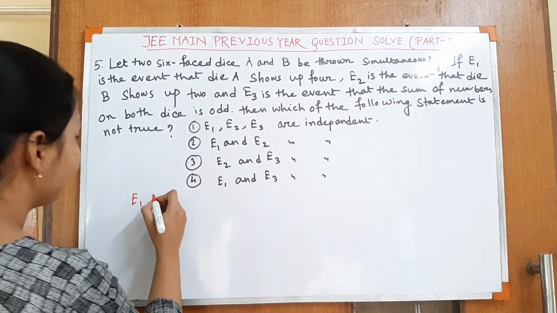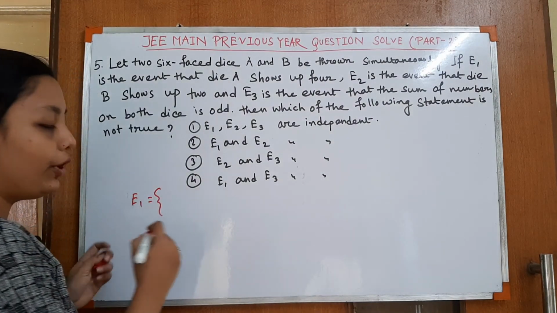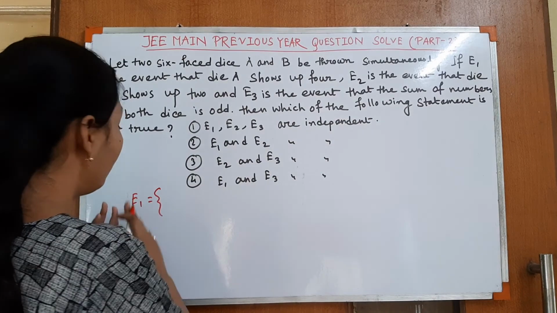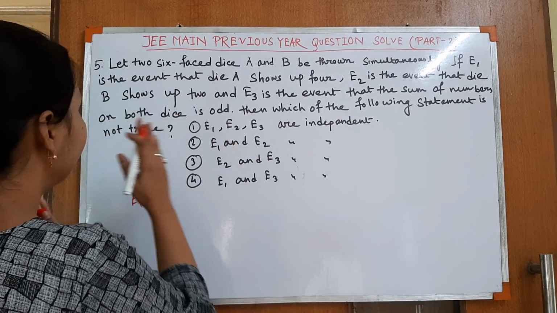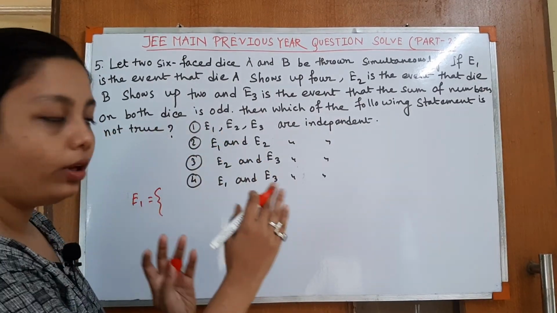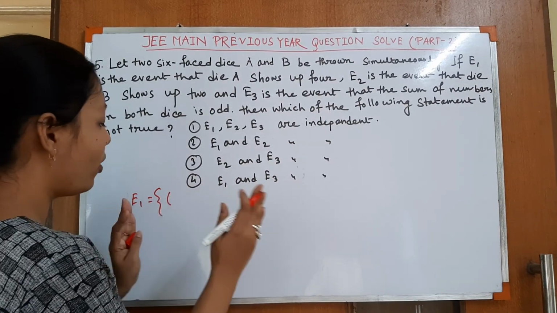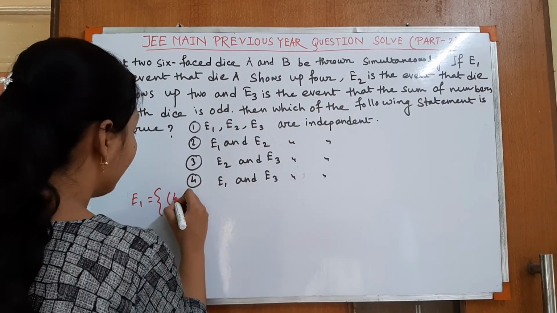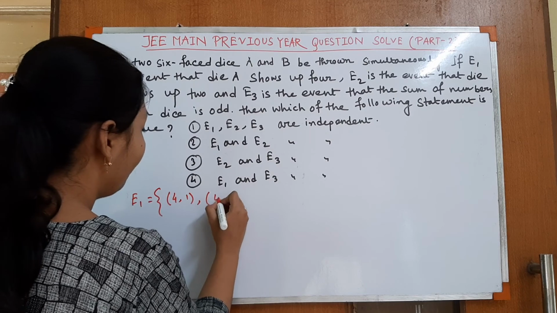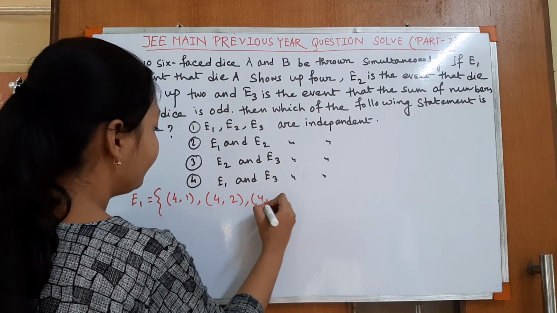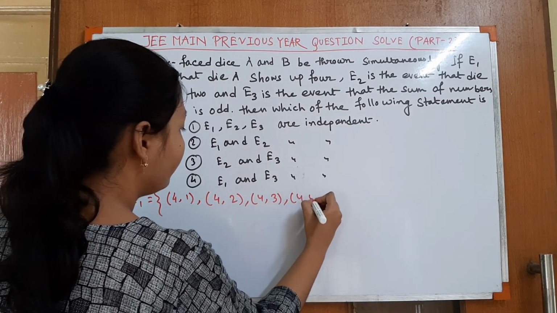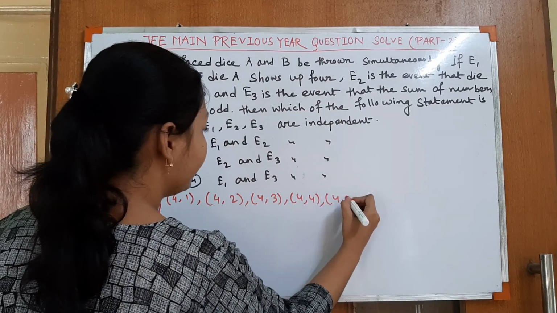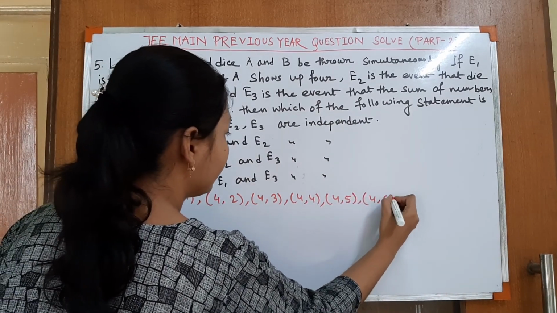That is, if we construct a set E1 with this event that die A shows up 4, then we get these elements: 4 1, 4 2, 4 3, 4 4, 4 5 and 4 6.